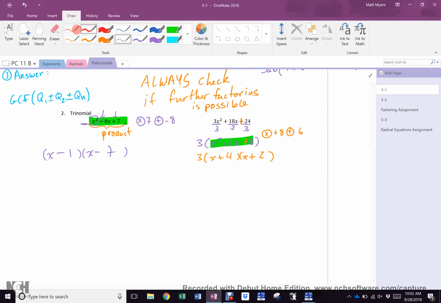All right, you guys try a couple here, as always. Q squared, this will be, let's see, plus 16, and let's go with minus 17q. Do that one, and I'm going to give you another one.